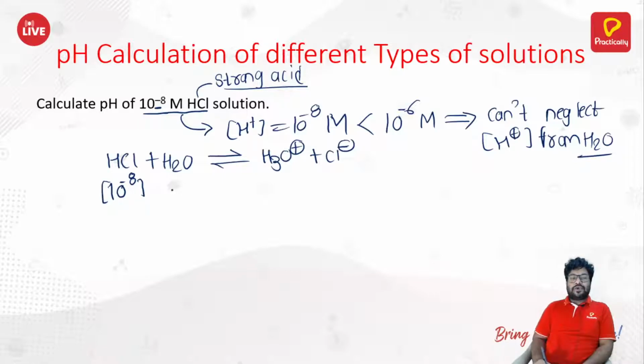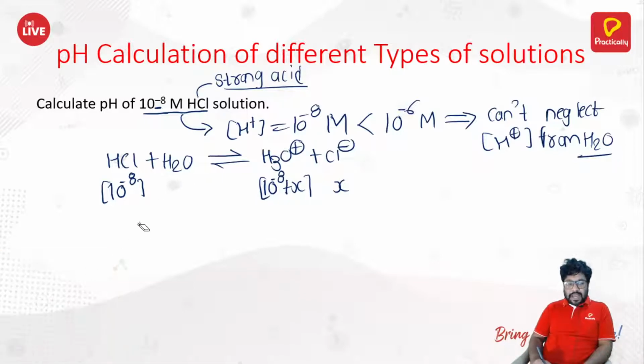We don't consider the water's H plus ion concentration, we don't know it, so let's suppose it is X. So 10 raised to minus 8 plus X, and here it's X, right? We take the concentration of HCl as 10 raised to minus 8. H3O plus is 10 raised to minus 8 plus X, which means the X actually came from the water. That will get added, no?